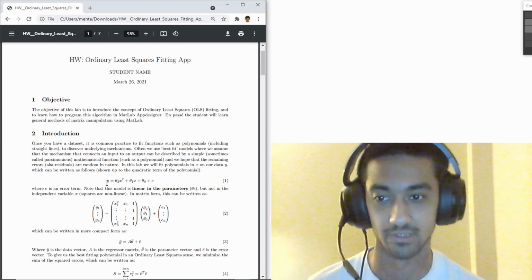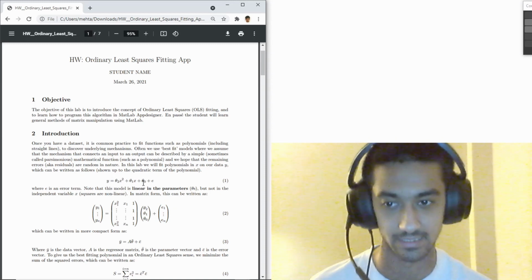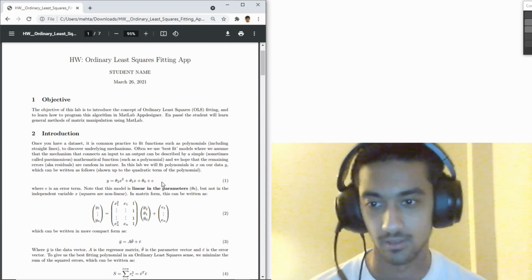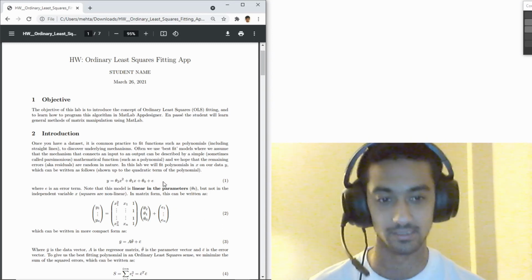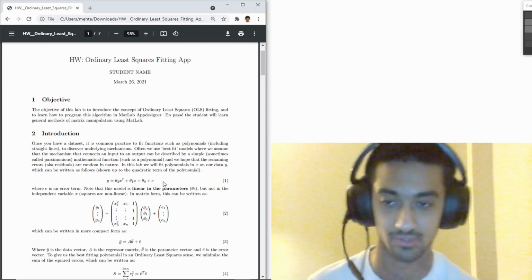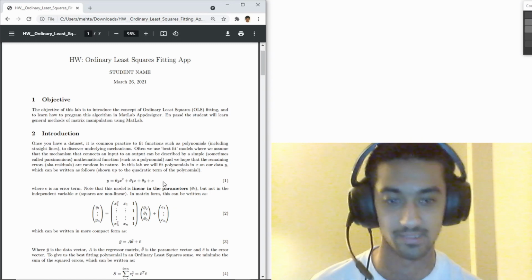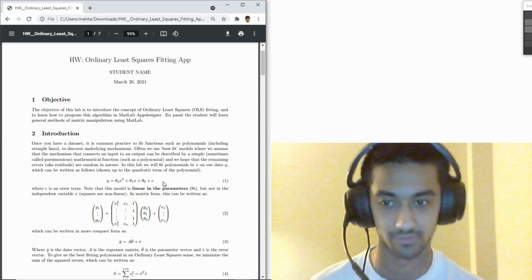And we have over here y equals theta 2x squared plus theta 1x plus theta naught plus e, where y represents the real y data and x of course represents the actual x data. The theta variables represent the parameters of the optimal fit of the polynomial.